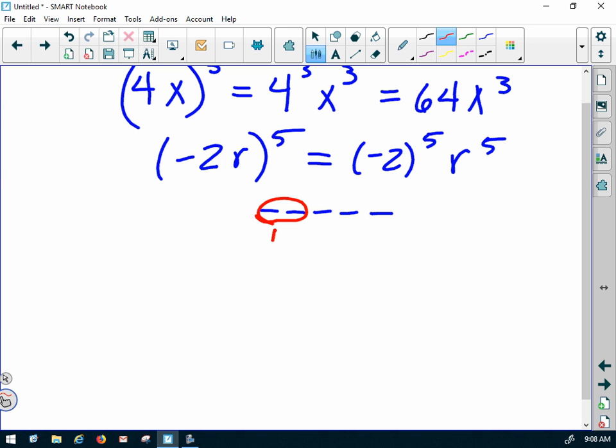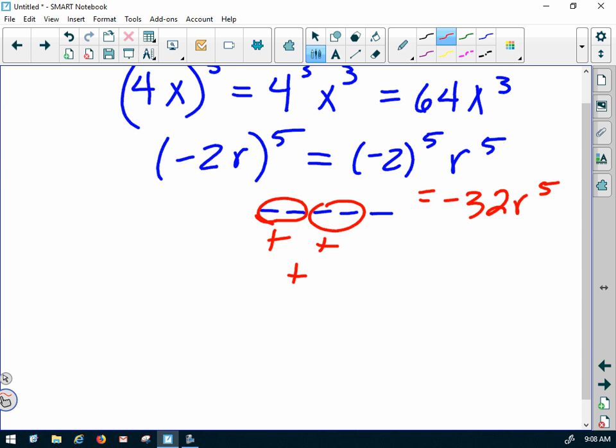Positive. And negative times a negative? Positive. Now what's a positive times a positive? A positive times a negative is a negative. When you have a negative number raised to an odd power, the answer is negative. So this would be negative 32 r to the 5th.